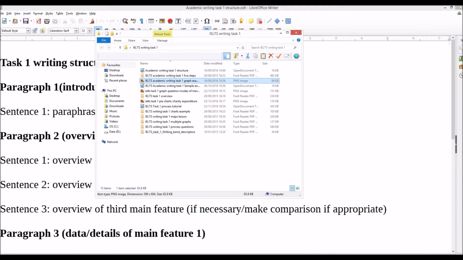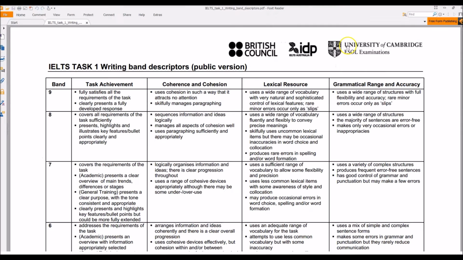Let's just have a quick look at it. I'll show you now. Yeah. So, you know, this is the official table. I'm sure that you've seen it. Uni Cambridge, British Council, IDP. So it's the same as you've probably seen in the essay tutorials.